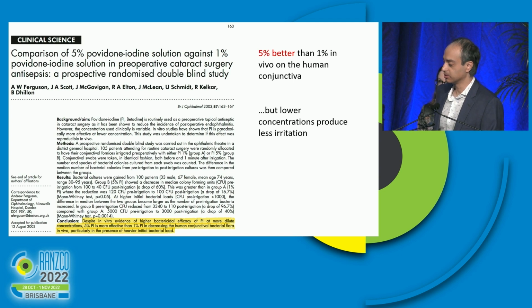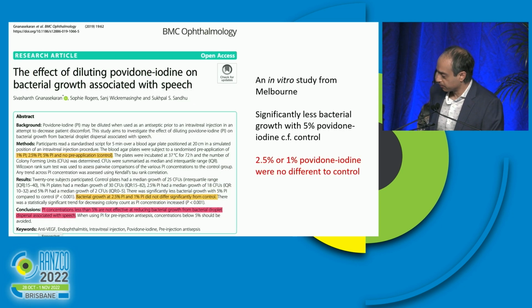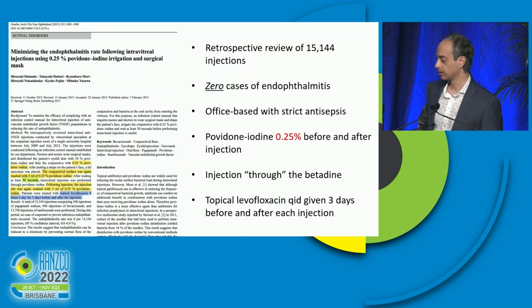But in 2003, this paper from Ferguson, looking at the conjunctiva, found that 5% betadine was in fact better than 1%, and that was thought to do with the degree of bacterial load on the eye. A study from our colleagues in Melbourne, an in vitro study, showed that 5% betadine was effective, but the lower concentrations were not.